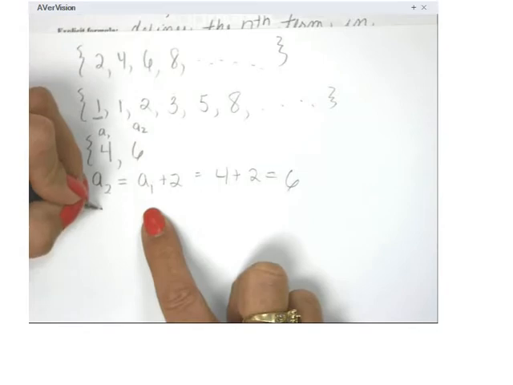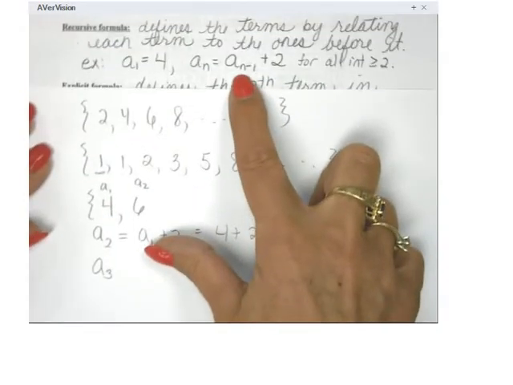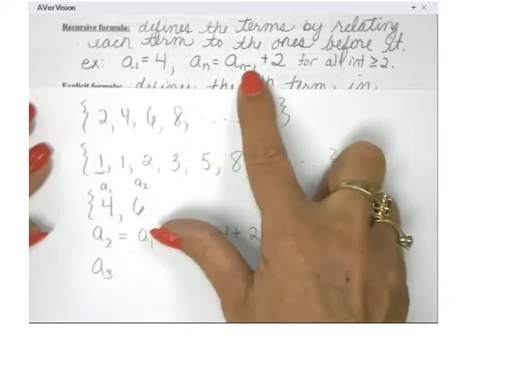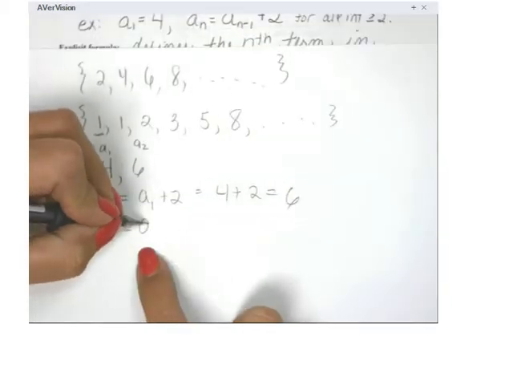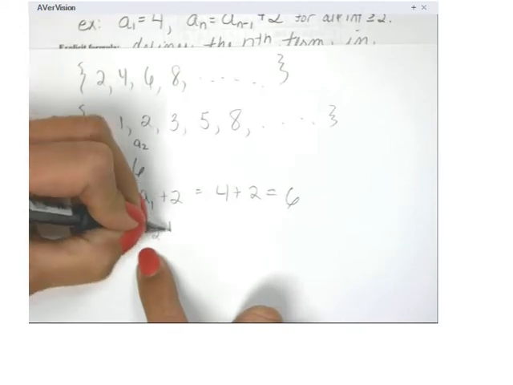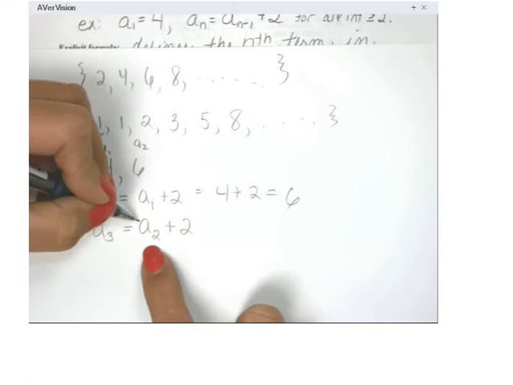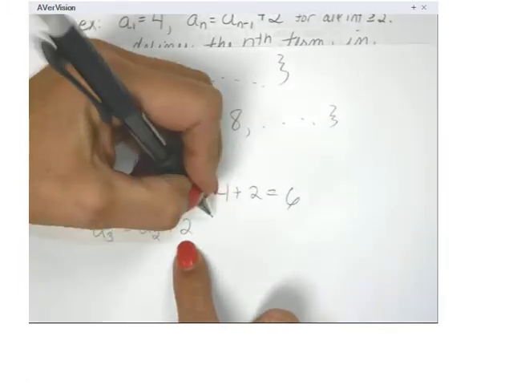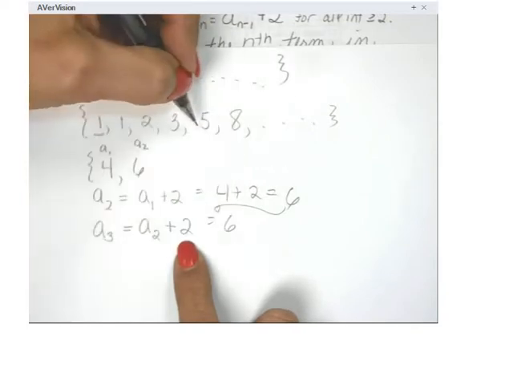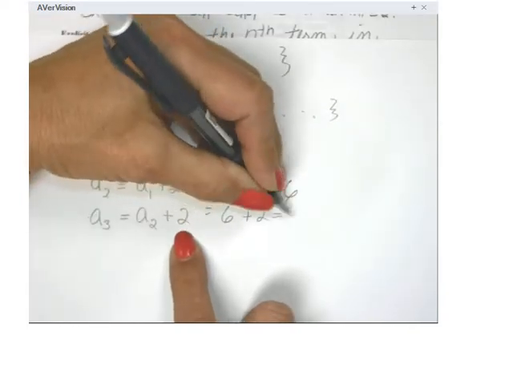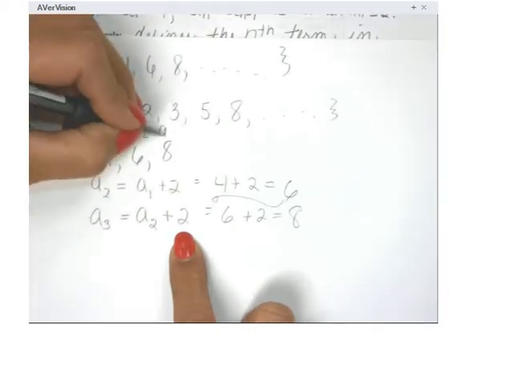If we want to find the third term, I'm going to use this rule again. The third term, plug 3 in here and here, tells me I find the a sub third term by taking the a sub second term and adding on 2. Well, the previous term is 6, add on 2, and I'm up to 8. So again, I can find all of these terms.